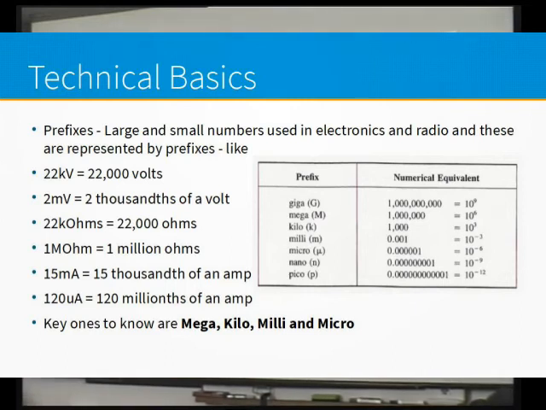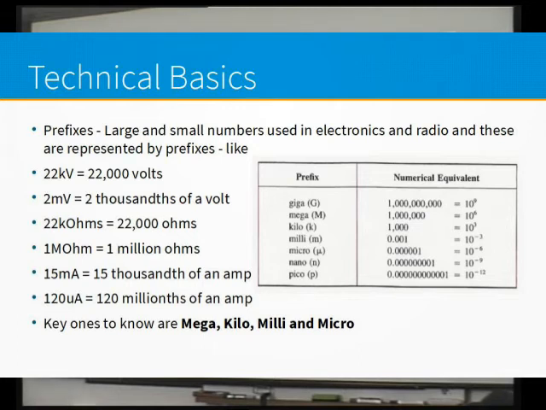And some good examples are very high voltage. We don't say 22,000 volts, we say 22 kilovolts. Just a short way of saying it. Go in the other direction, 2 millivolts is 2,000ths of a volt. Just a very simple way of representing it.